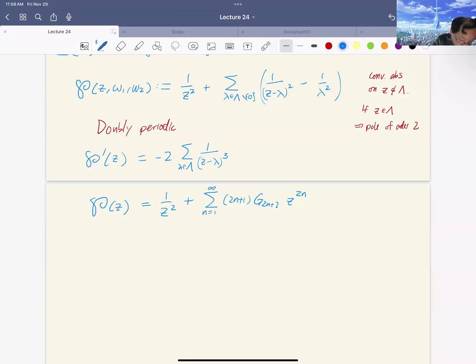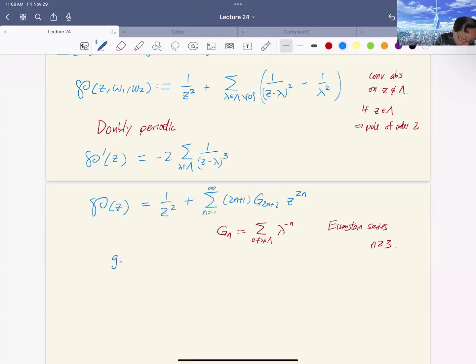These numbers are called the Eisenstein series. And it has a nice expression also. It is just this one, defined for n bigger than 3. So you just sum up over all the lattice points, and it converges when n is bigger than 3.